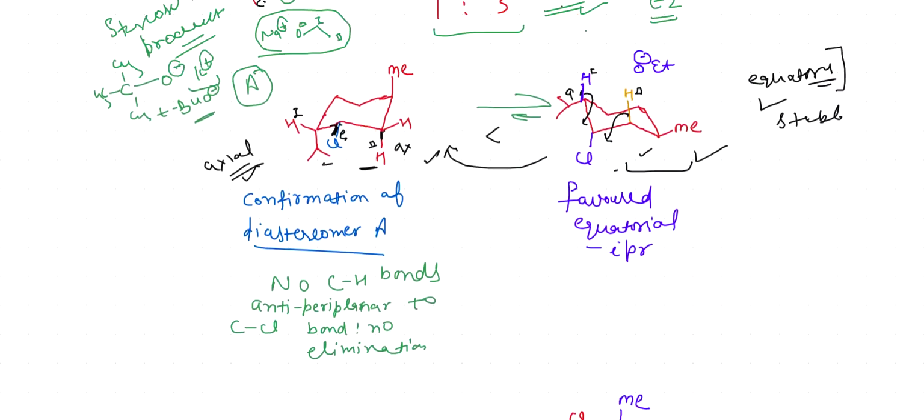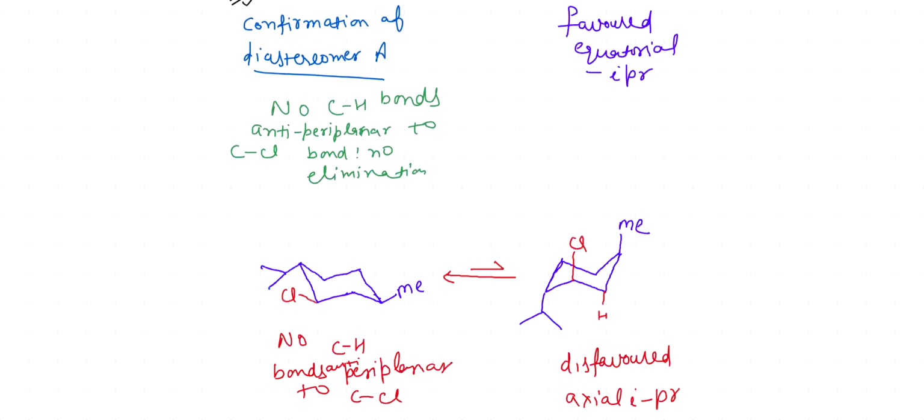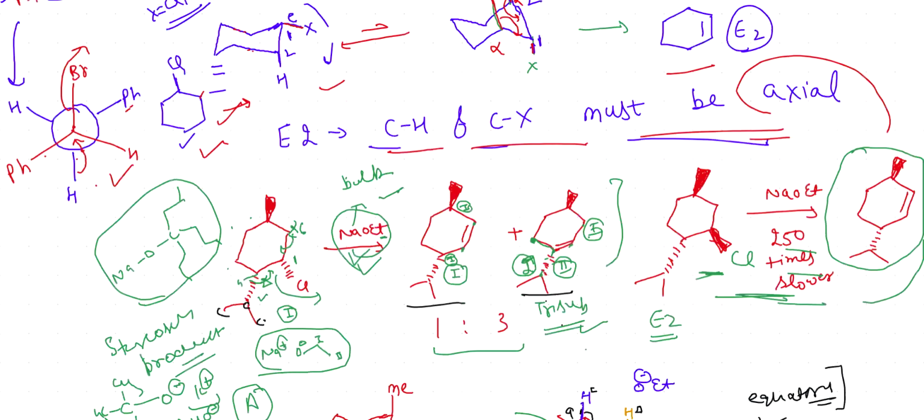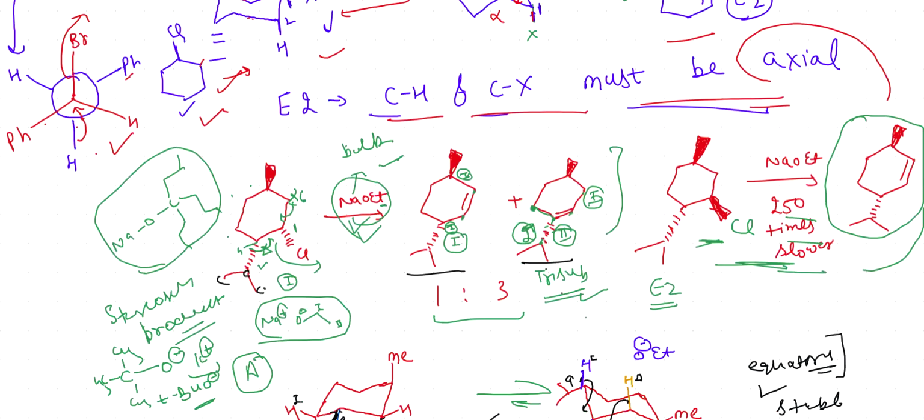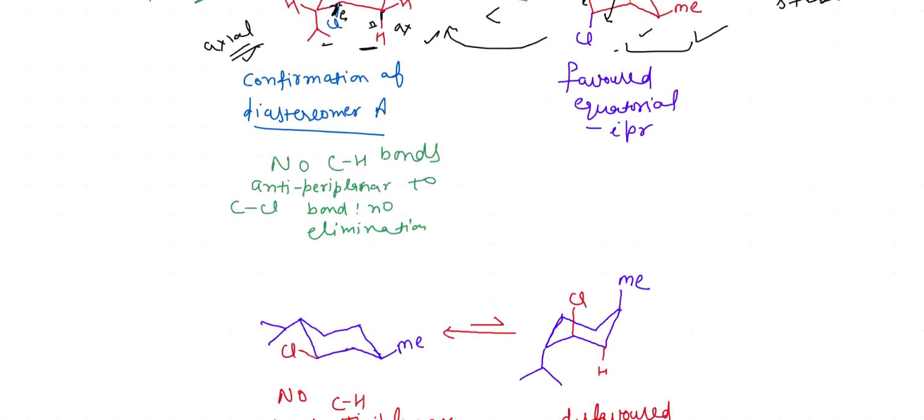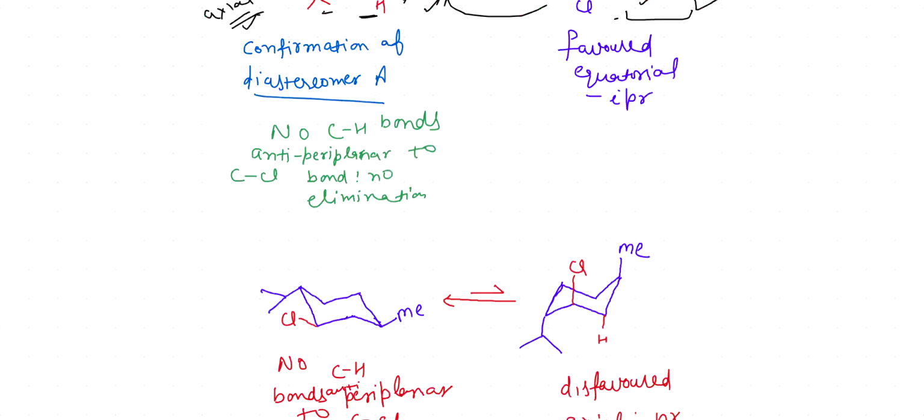So here, okay. Now consider the second case. This is your B case. In this, what is happening? In the previous case, chlorine was present in the equatorial position, and the isopropyl and methyl groups were present at the axial position. But in the second case, what is happening?